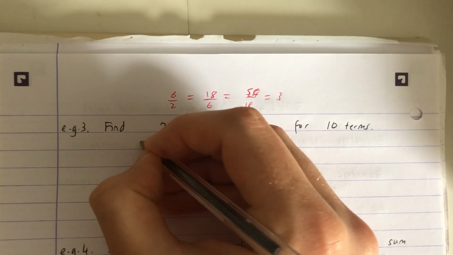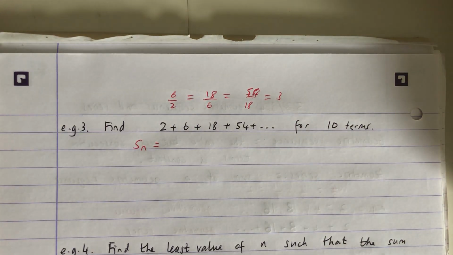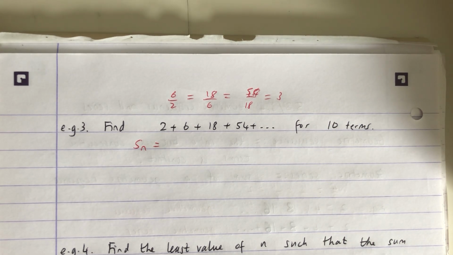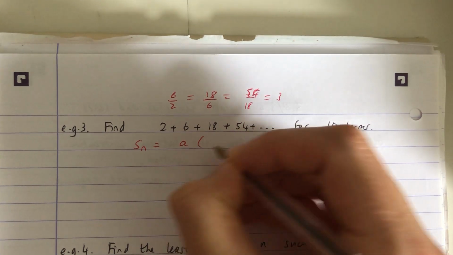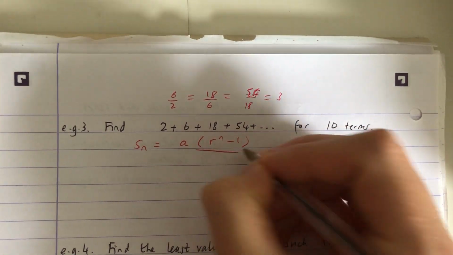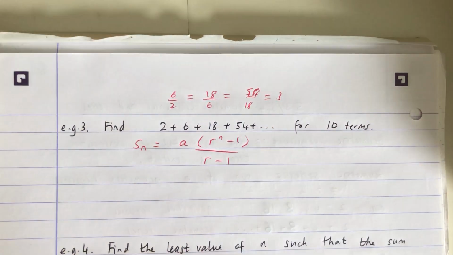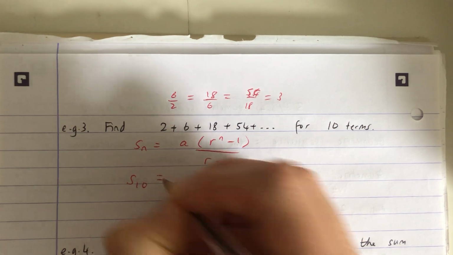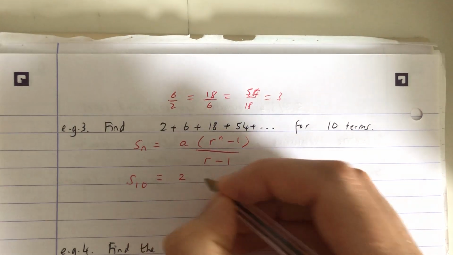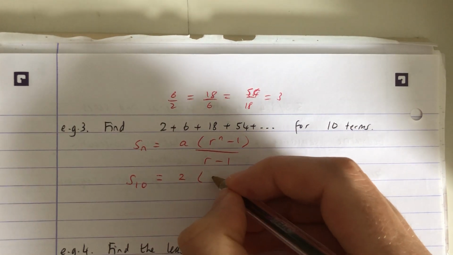So I'll state Sn. It doesn't really matter which one you pick, but if I was going to stick to the strategy of everything on the denominator being positive, I'd pick this one. Okay, S10. First term is 2. r is 3.